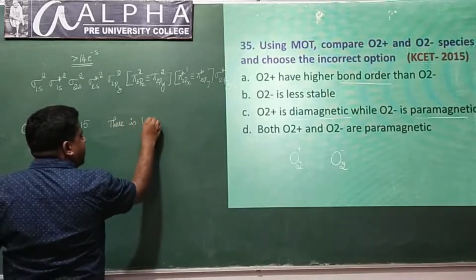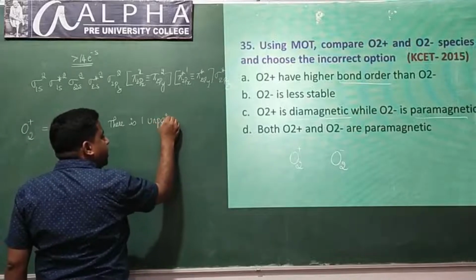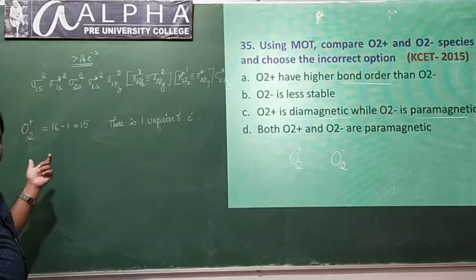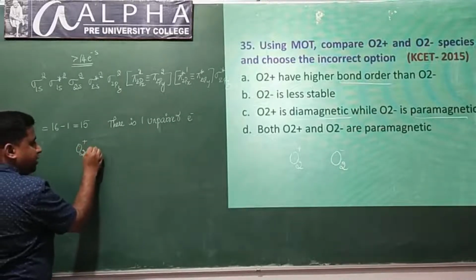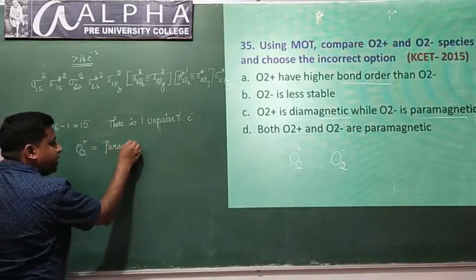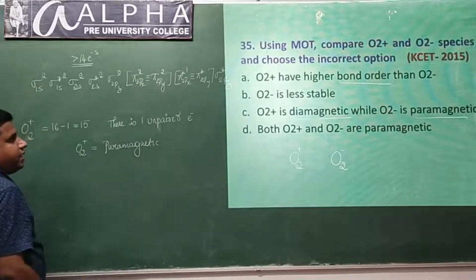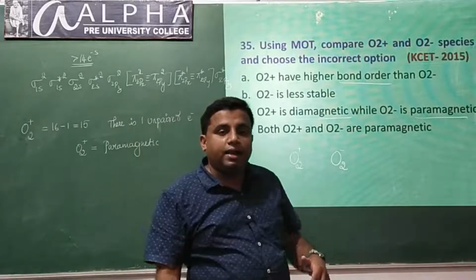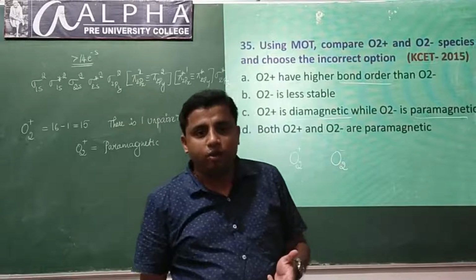Since there is one unpaired electron, can I say that O2 plus is paramagnetic? Yes, O2 plus is paramagnetic, because there is one unpaired electron. If there are unpaired electrons, it is paramagnetic; if there are no unpaired electrons, it is diamagnetic. Hope you are all able to understand.